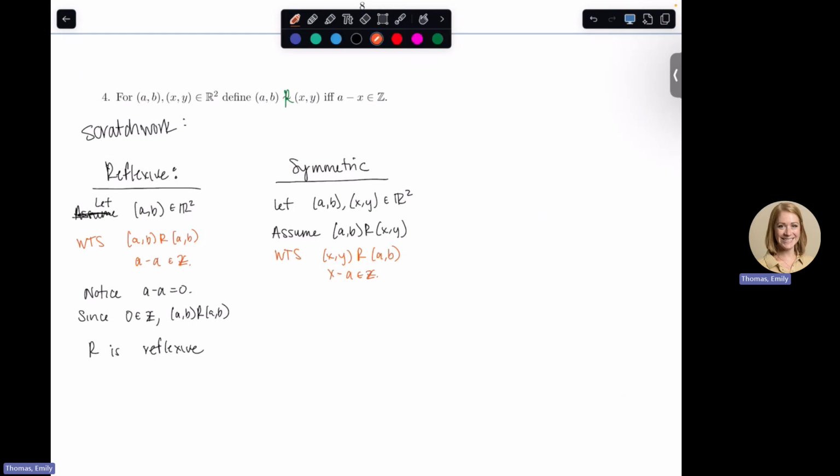Okay, Janiyah, but now you know the answer to the other question. AB is related to XY. What does that tell us? You answered it correctly just a second ago. Not that answer. The A minus X is in Z. Yeah, that A minus X is K for some K in Z. What would that mean about X minus A?